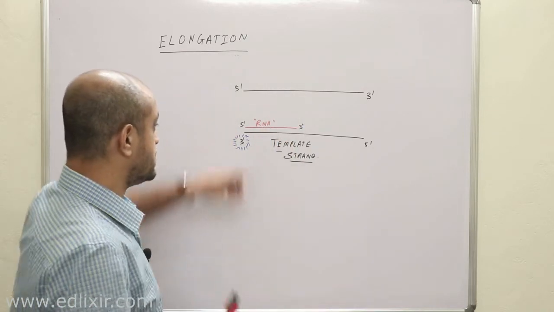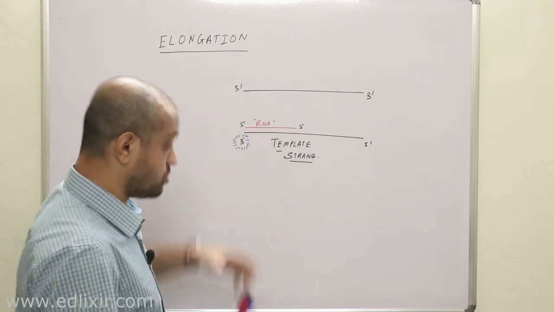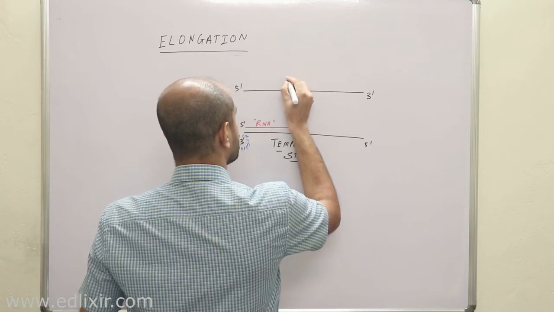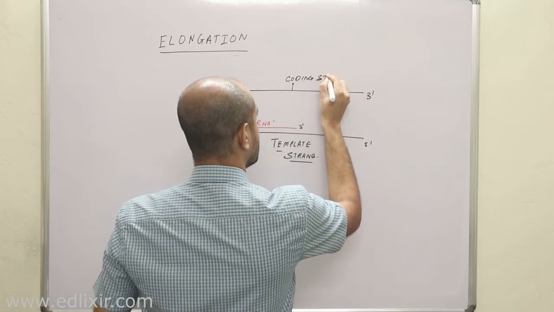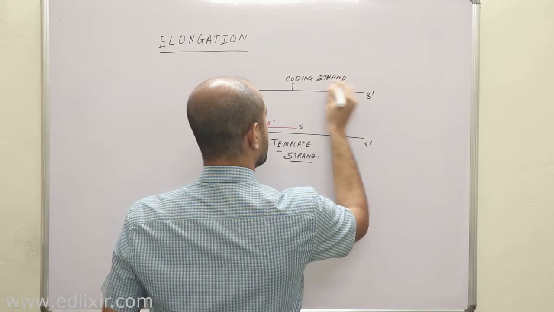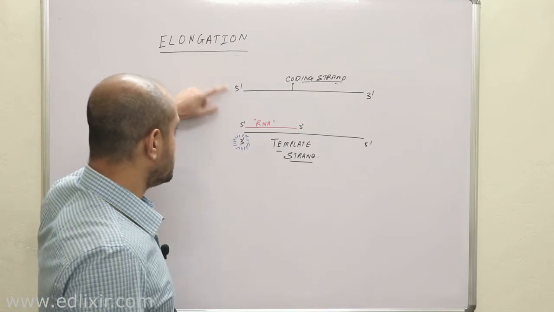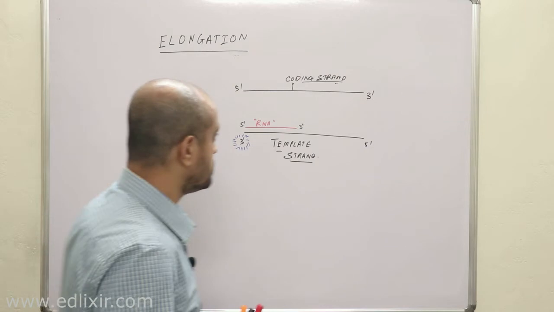Now, the strand opposite to the template strand, that means this strand, is called the coding strand. So this is the coding strand, this is the template strand, and this is the coding or non-template strand, right?